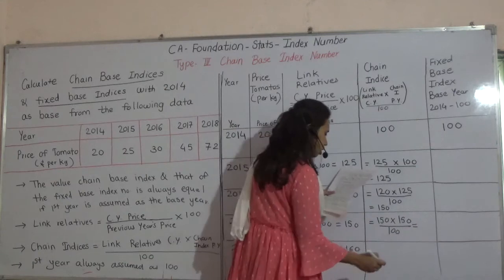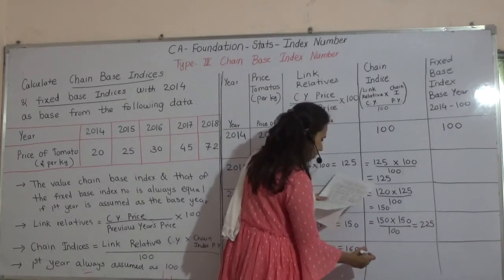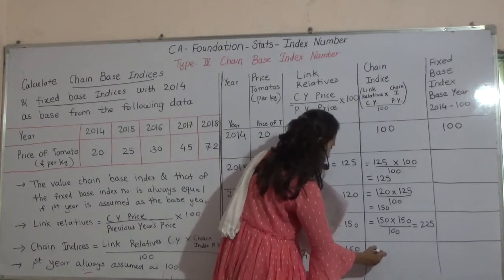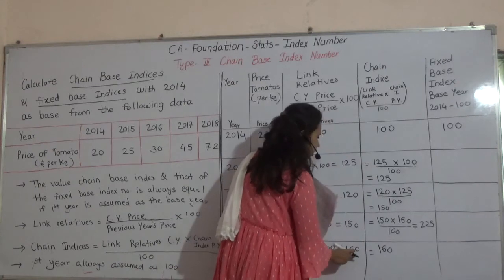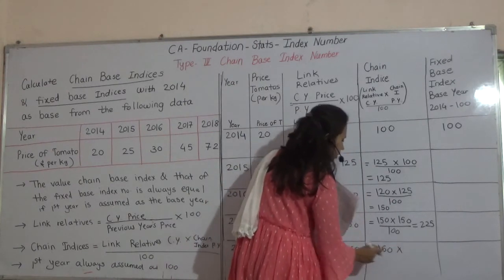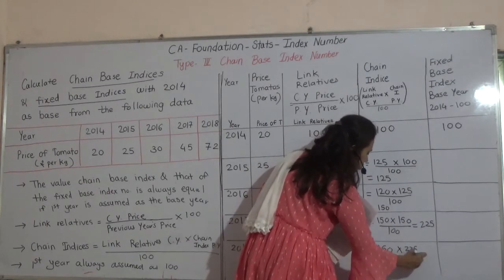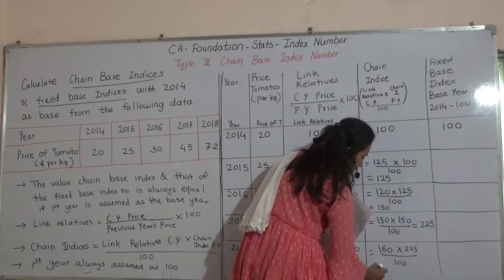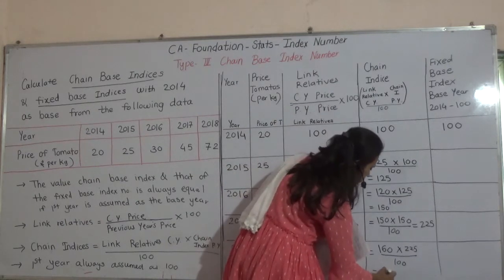Answer is 225. Then we have link relatives current year, chain indices previous year upon 100. Answer is 360.